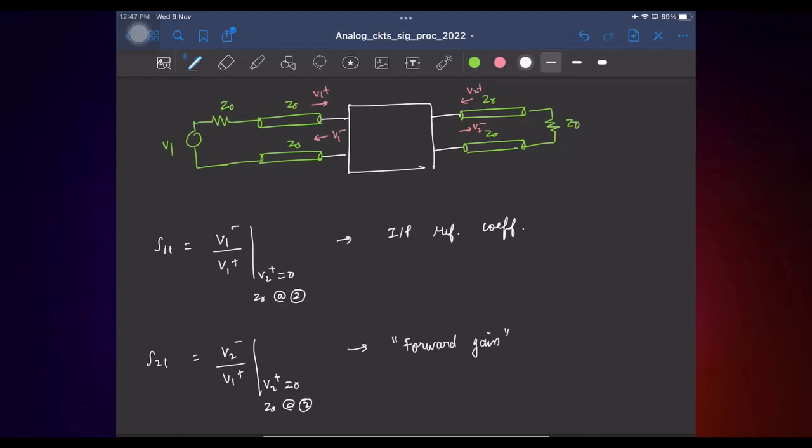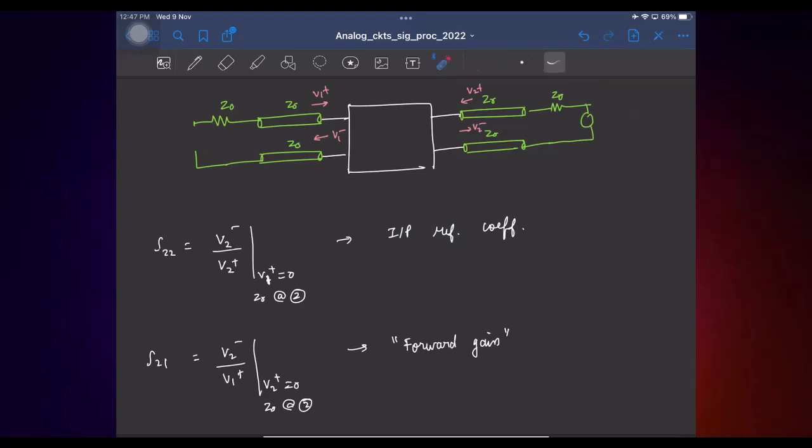Right? So let me look at the other two quickly. Now if I look at S22, that will be V2 minus by V2 plus when V1 plus is 0. So basically I'll have to apply signal here, right?